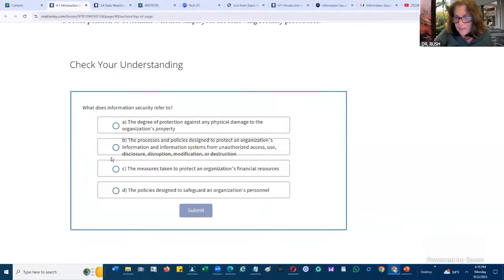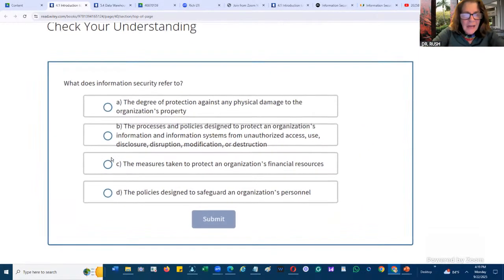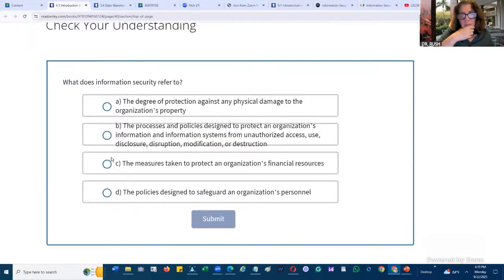So if I look at this question, Zach, what does information security refer to? A is the degree of protection against any physical damage to the organization's property. B, the processes and policies designed to protect an organization's information from unauthorized access, use, disclosure, disruption, modification.